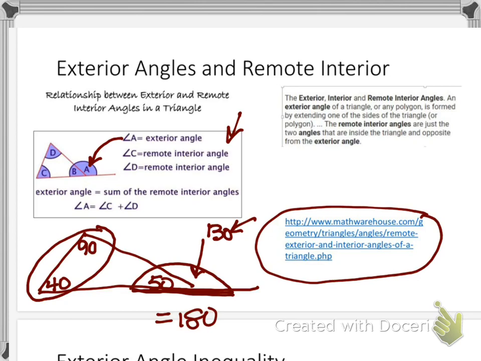Now in practice, look what we have. If you add 90 and 40 together, you get 130. So the sum of the remote interior angles, which is the 40 plus 90, does indeed equal the exterior angle, which is 130. Okay, so think about that.